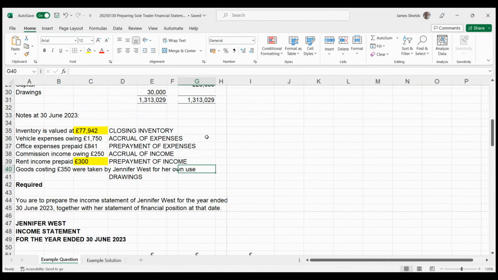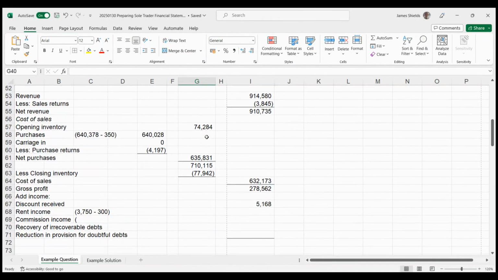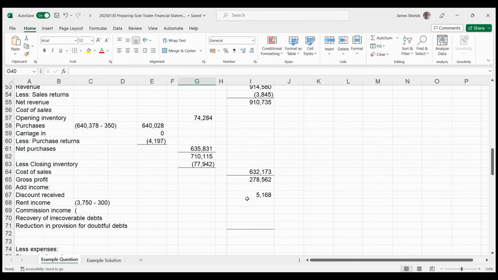Okay. So the rental income then is going to equal 3,750, take away the £300, gives us £3,450.